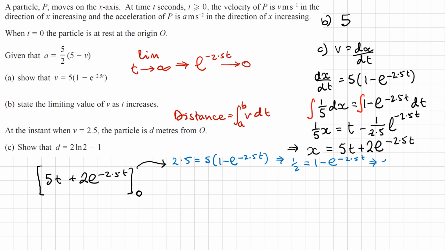So e to the negative 2.5t is going to be equal to a half. So we want to take the log of both sides of that. So that will mean that I have negative 2.5t is equal to the log of a half, or 0.5. So now I'll divide both sides by negative 2.5.